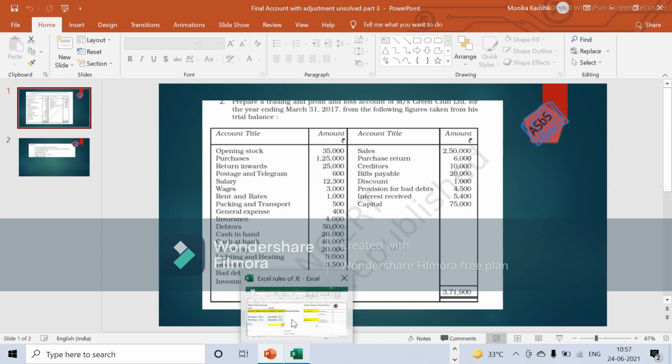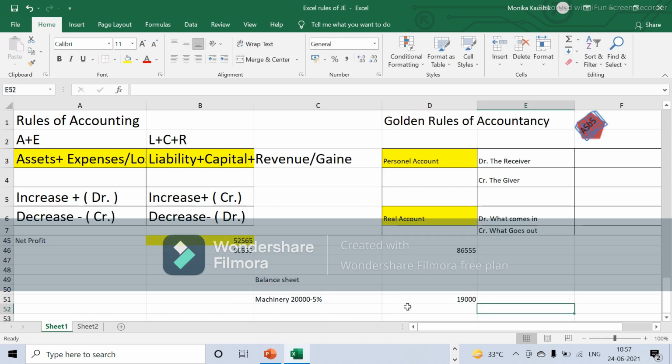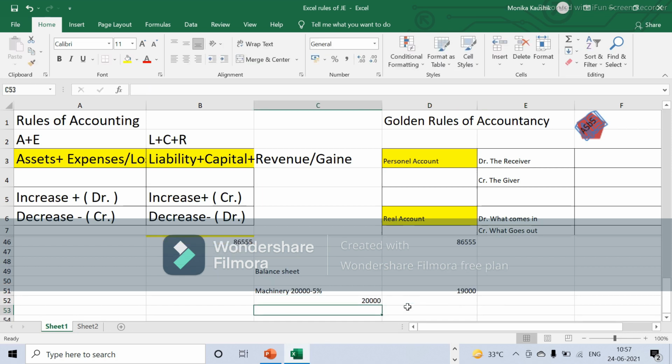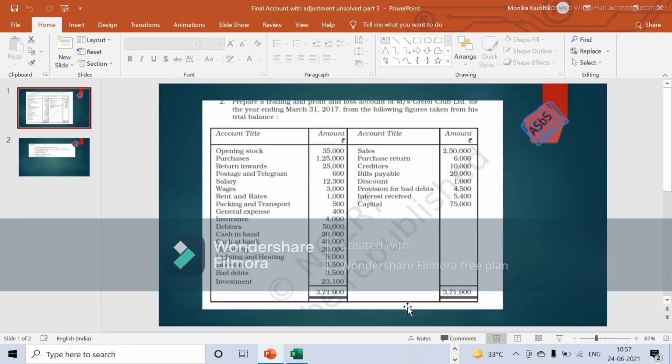So minus 5%, this will come 20,000 minus 1,000, that will be 19,000, right? Here the 5% amount will be 1,000. So the net machinery amount will be 19,000.